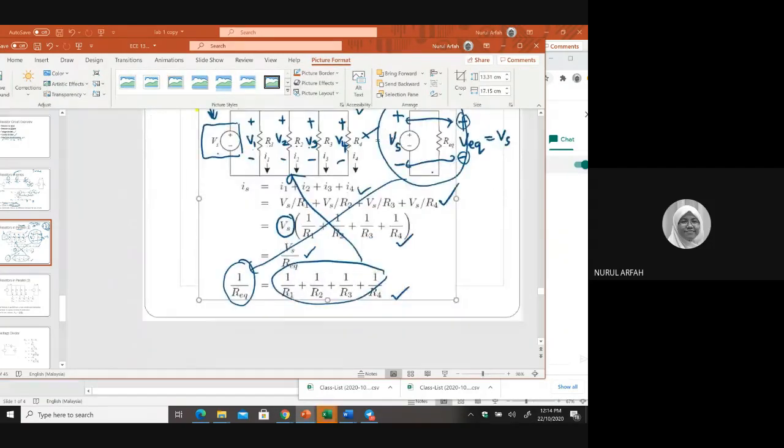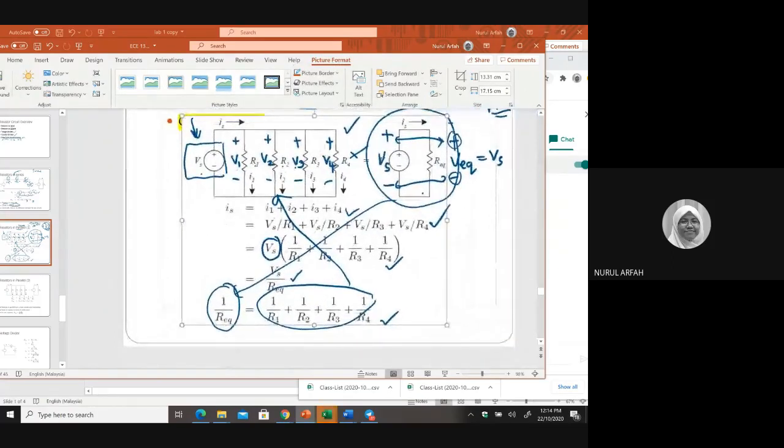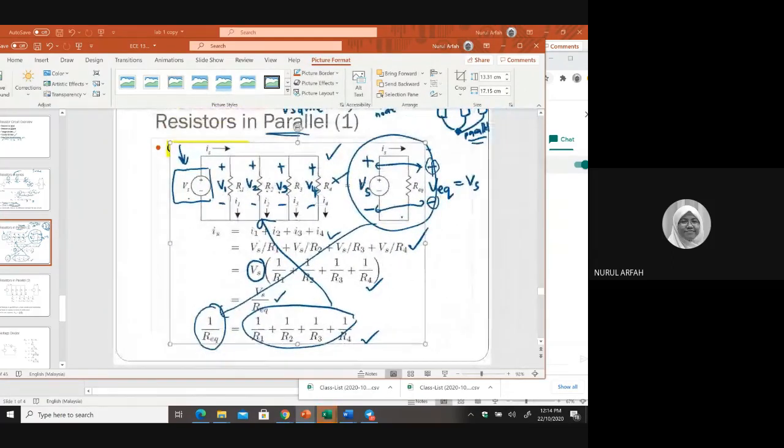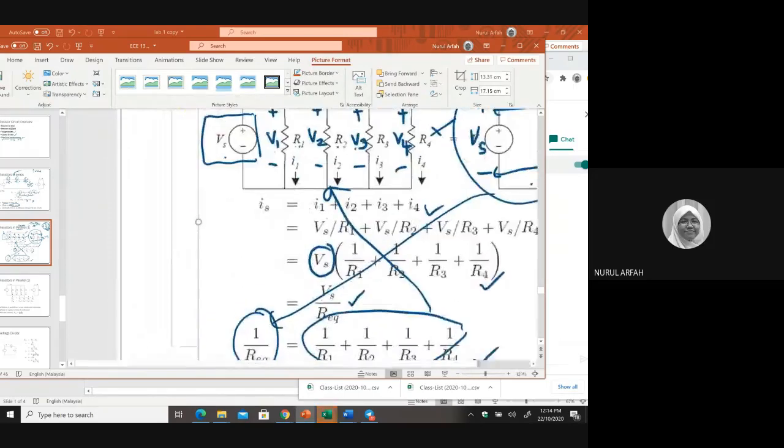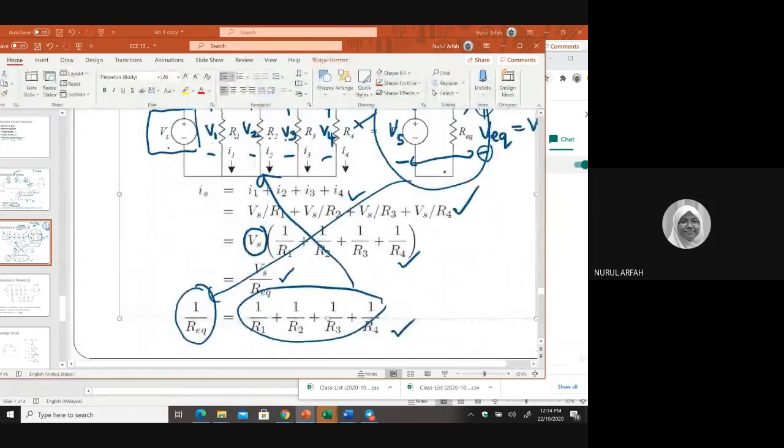Are you confused? Maybe for two resistors it is much better. Because over here is actually this thing. If you put a simpler circuit, like this one R1, this one R2.